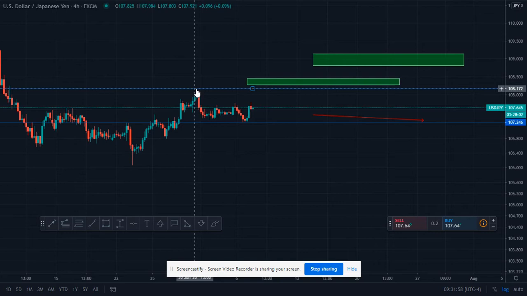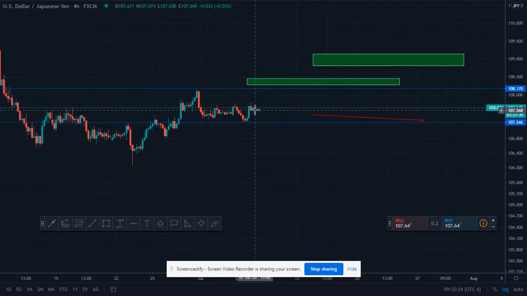So remember, some of the rules is to go down to the lower time frame to find your entry. If your 1 hour is not giving you a clear entry point, like for instance, on this yen, we clearly see we got a green candle forming.